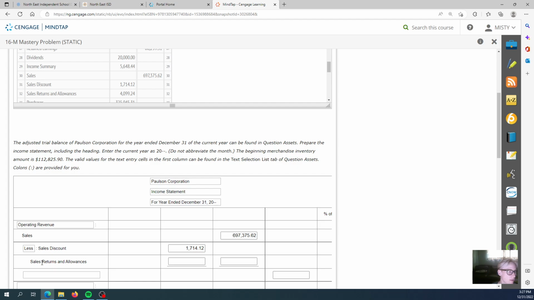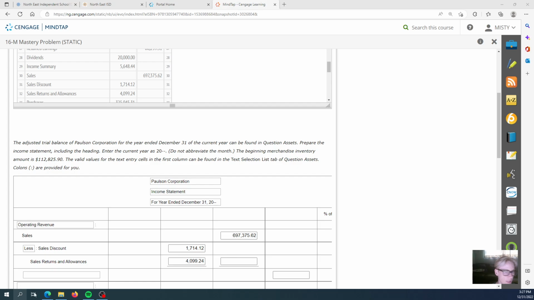And then we have sales returns and allowances. Put that down below. That is $4,099.24. Okay, and then here we're going to put the total of these two. So we're going to add these together.